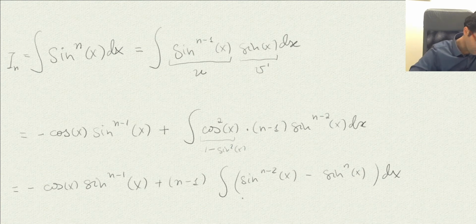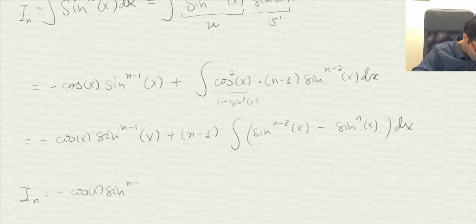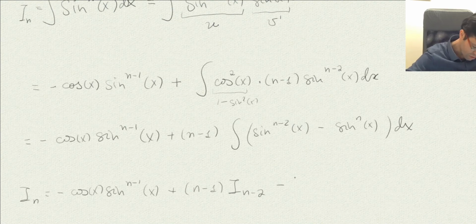So, of course, if we plug it in, then we get the recursive formula. So I_n is minus cosine of x times sine to the power of n minus 1 of x, plus n minus 1 times this integral, which is I_{n-2}, and minus, again, n minus 1 times I_n.